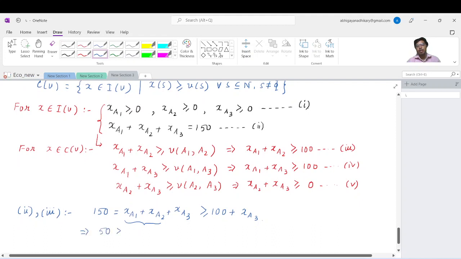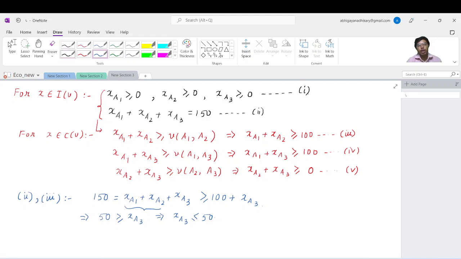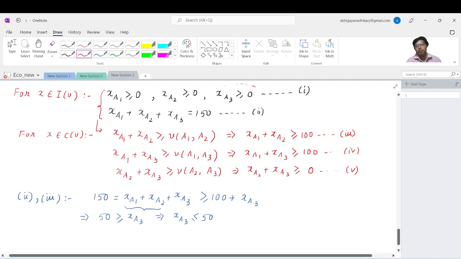So 50 is greater than or equal to x of a3, and that implies x of a3 should be less than or equal to 50. So we get an upper bound on x of a3. And from equation 1, we have a lower bound, that it should be greater than or equal to 0.